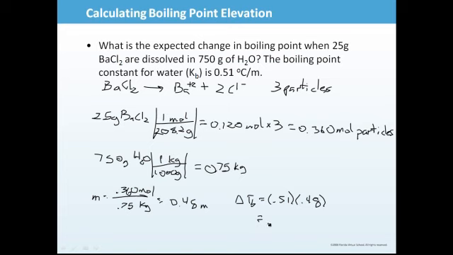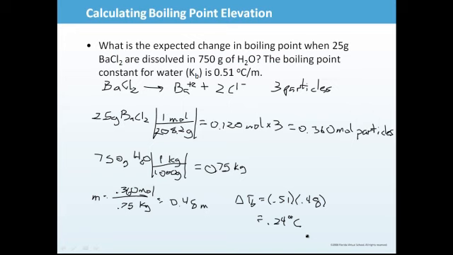And in this case, our delta TB is 0.24 degrees Celsius. And again, if it asks us for the final temperature, then we would just add that to 100. So we'd have 100.24.